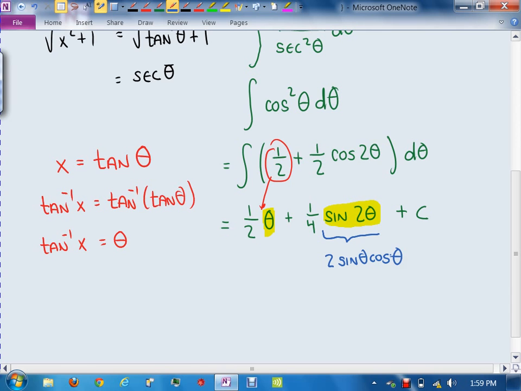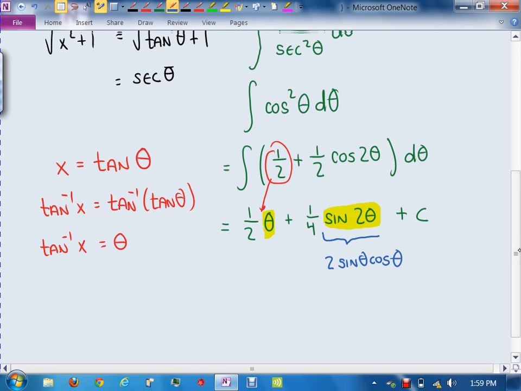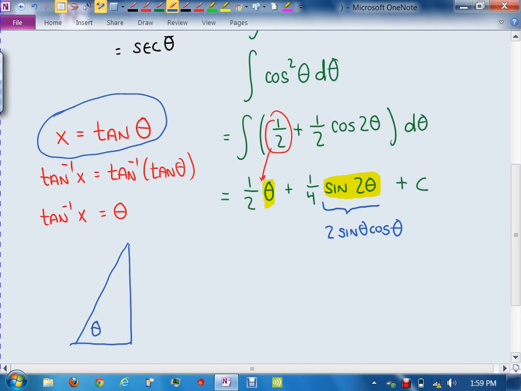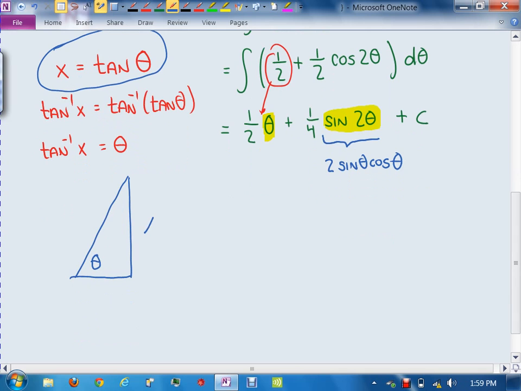What's that? The 1/4 is going to hit the 2, yeah. So let me draw a reference triangle over here on the side. Here's theta. What do I know about tangent theta? Tangent theta is what I'm given, right? Tangent theta is x, so that means this side should be x and the adjacent side should be 1.